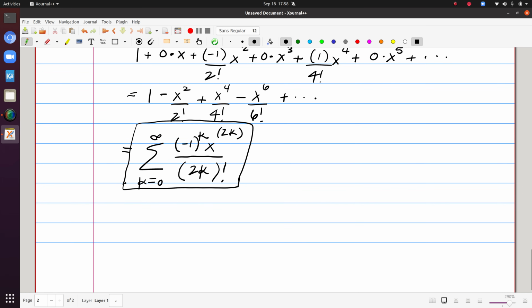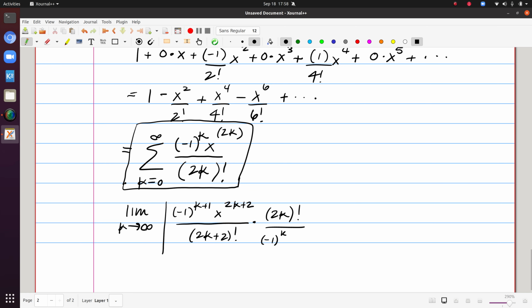Again, if we were to consider the radius and interval of convergence, we would look at the limit as k approaches infinity. The next term would be -1 to the k plus 1, x to the 2k plus 2 over 2k plus 2 factorial. Multiplying by the reciprocal of the kth term, we would get this. Now, a couple of things to consider.